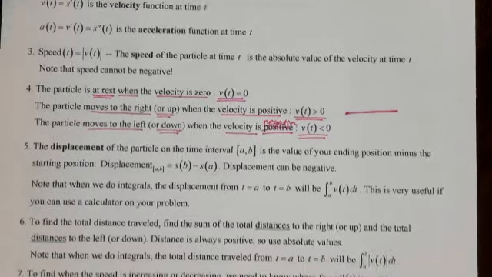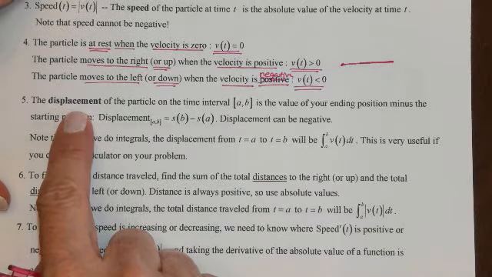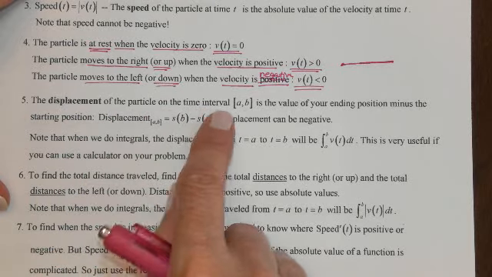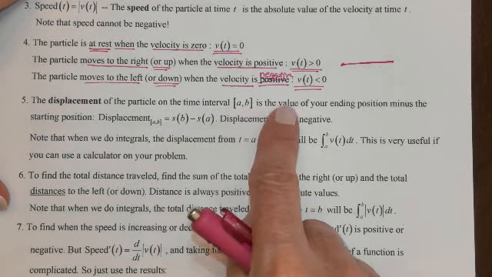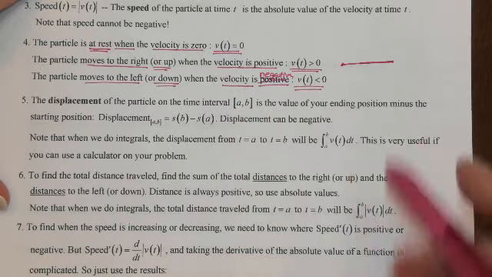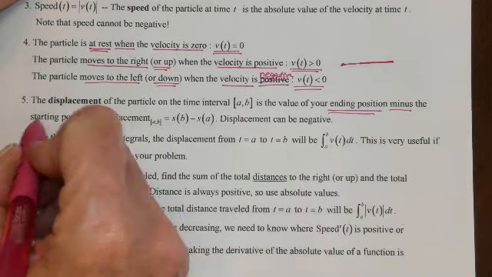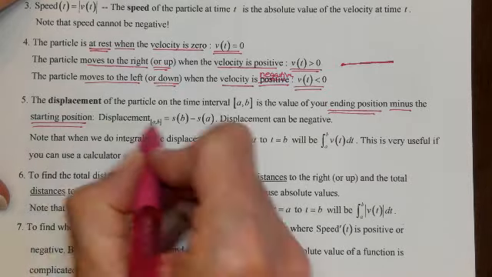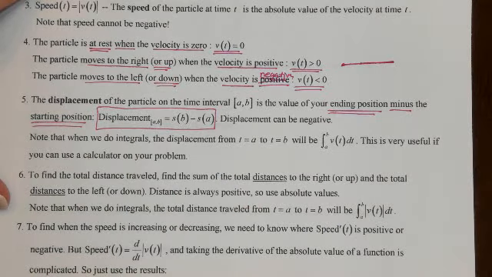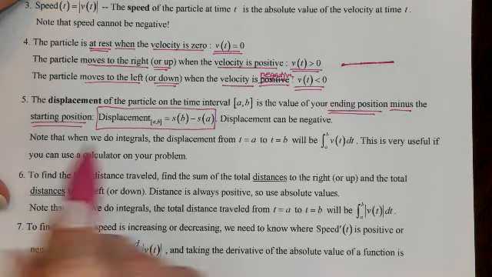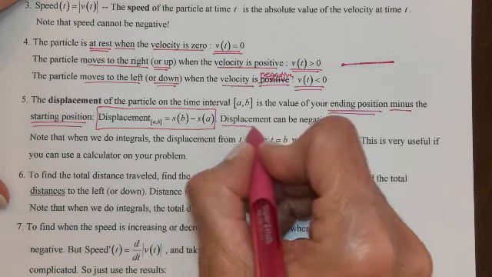Okay, number 5, the displacement of the particle on the time interval from time A to time B is the value of your ending position minus the starting position. Ending position minus the starting position. Because it's always this, displacement can be negative.